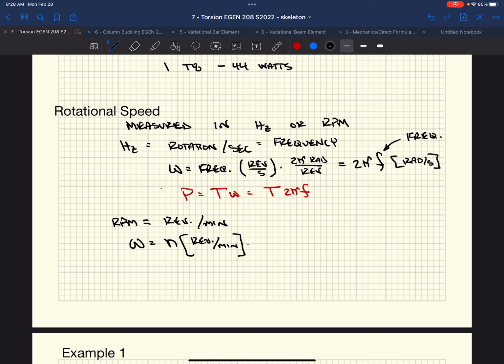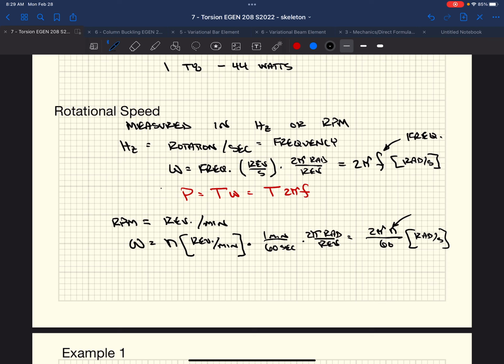So we need to change the minutes to seconds. So 1 minute, 60 seconds. We also need to change the revolutions to radians. Well, we just did this, 2 pi radians per revolution. We get 2 pi n revolutions per minute over 60. And this is all radians per second, right?